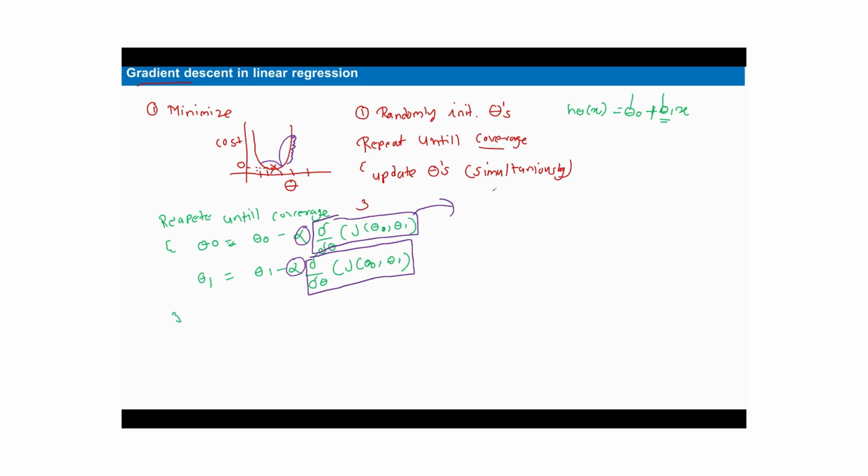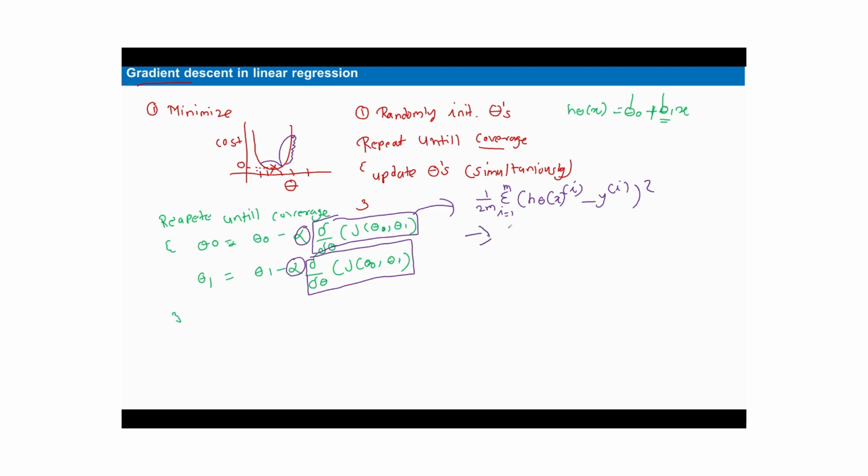If I write the cost function for the squared error function, it is 1 divided by 2m, summation of i equal to 1 to m, h of theta x of i, which is the prediction, minus y of i, which is the ground truth, squared. If we solve the derivative of this, we will get the answer like this.